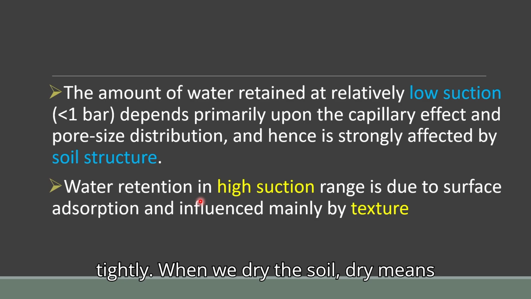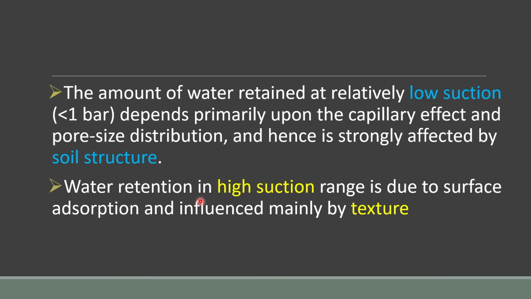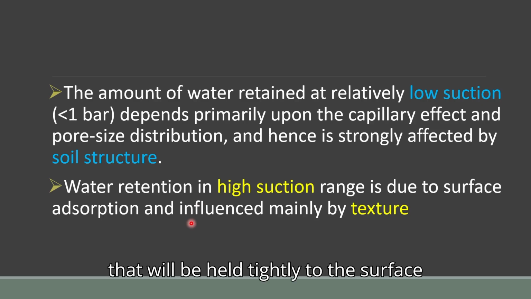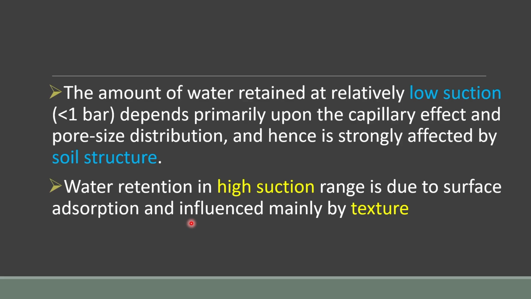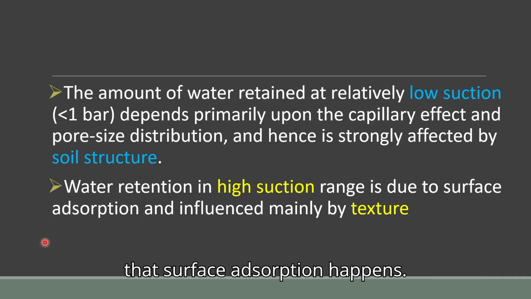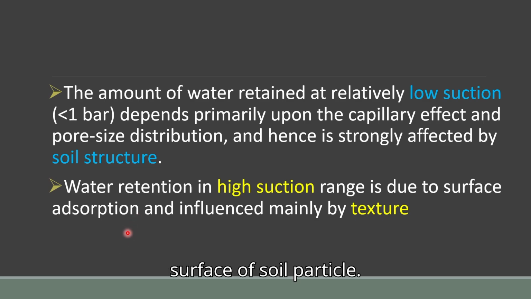When we dry the soil, water content is removed, but whatever water is left on the soil will be held tightly to the surface of the soil particles by surface adsorption. Adsorption means it will be held on the surface of the soil particle.